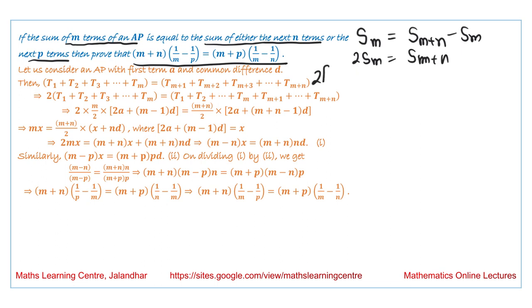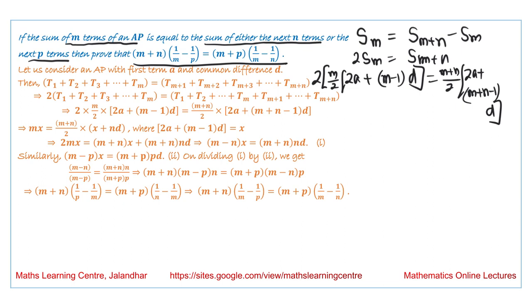So this implies 2 into m by 2 into 2a plus (m minus 1)d is equal to (m plus n) by 2 into 2a plus (m plus n minus 1)d.